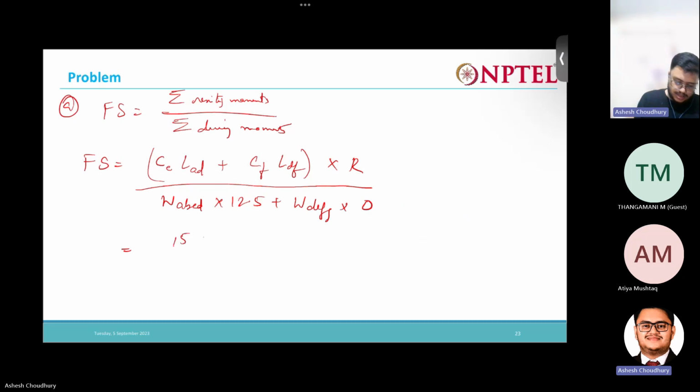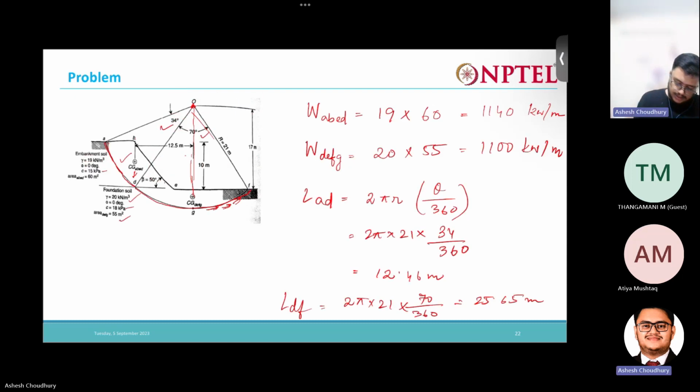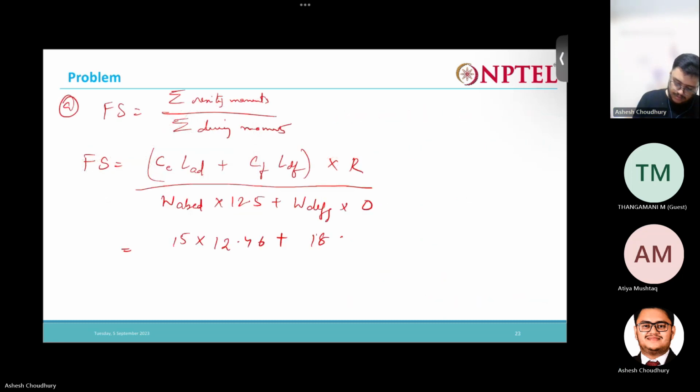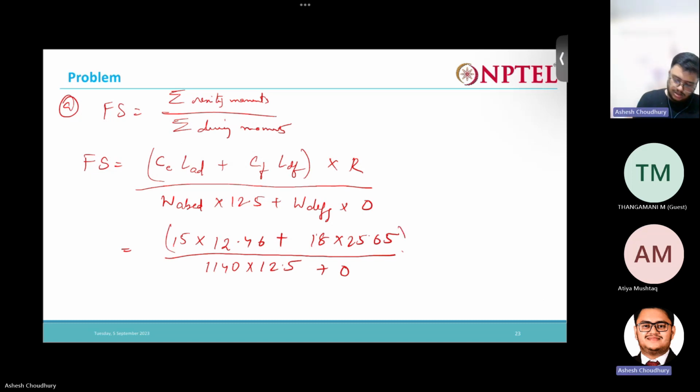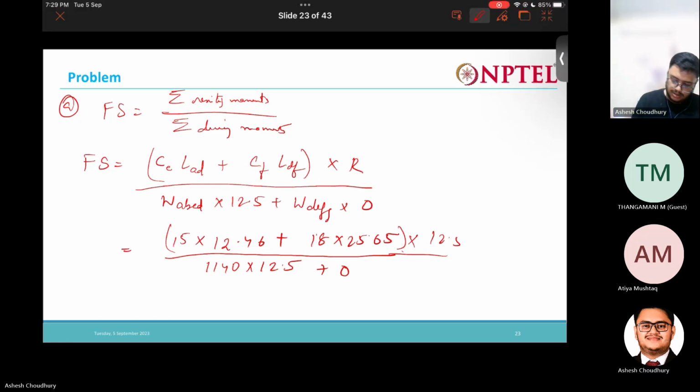So 15 times 12.46 plus 18 times 25.65, over 1140 times 12.5, all multiplied by R. What is R?